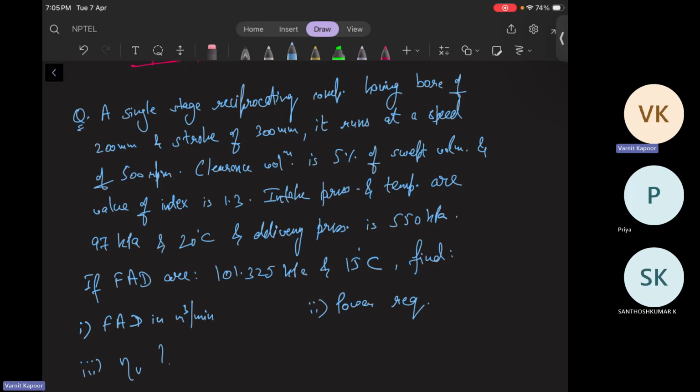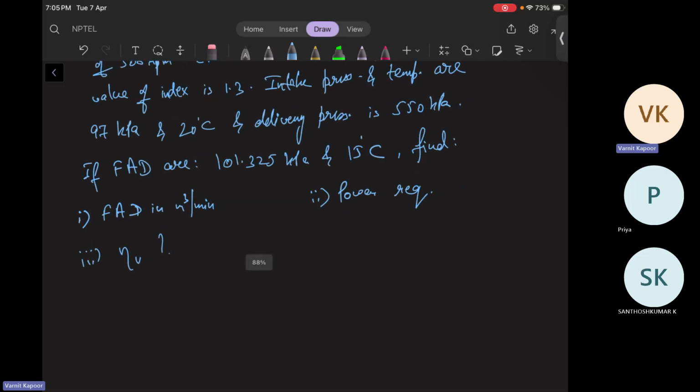The bore and the stroke is given, the diameter and the L. RPM is given 500 RPM. Clearance volume is 5% of the swept volume. That is clearance ratio is given to you. Polytropic index 1.3 is given. Intake pressure and temperature are given, P1 and T1. And delivery pressure is given, 550 kilopascal. Free air delivery conditions are given. We need to find what is free air delivery in meter cube per minute, power required, and the volumetric efficiency.